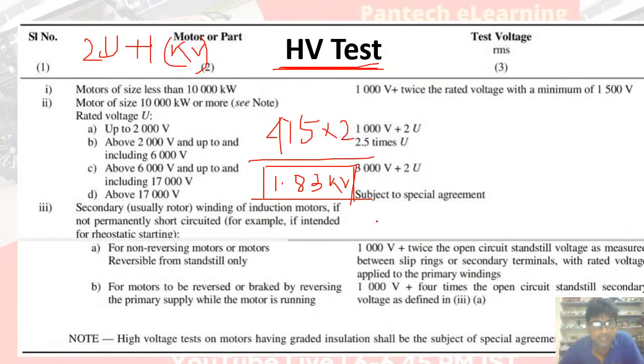If there is more leakage, normally high voltage testers have a setting so that they automatically trip the power supply. It will not inject further voltage.